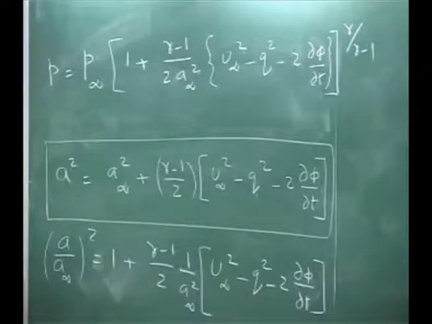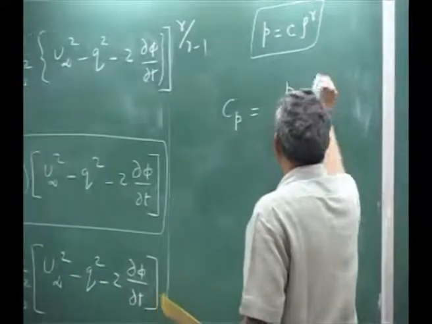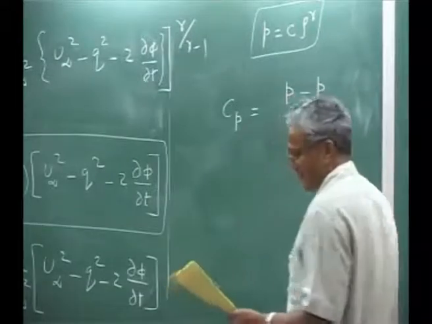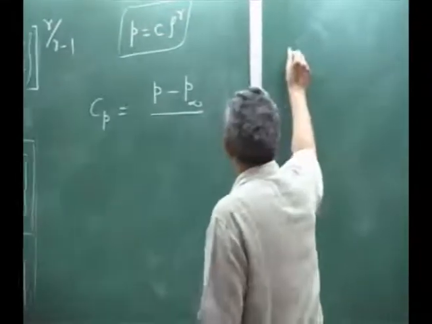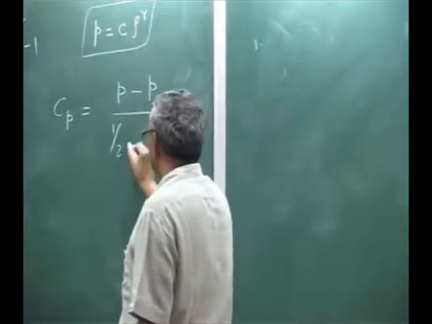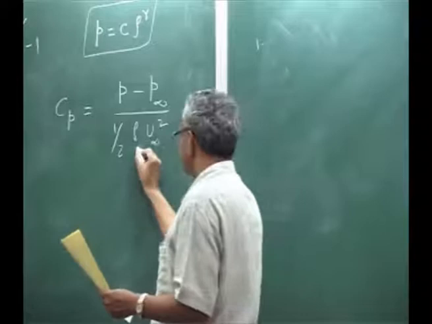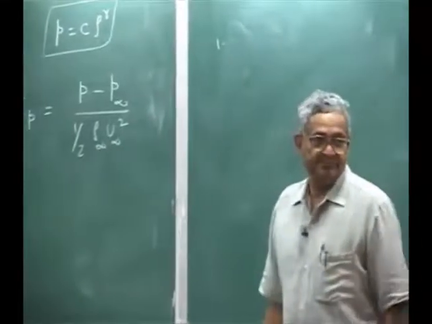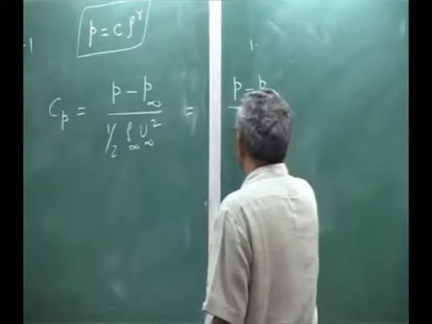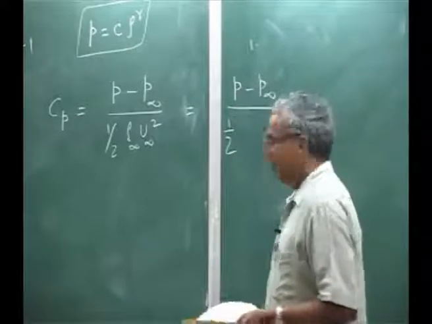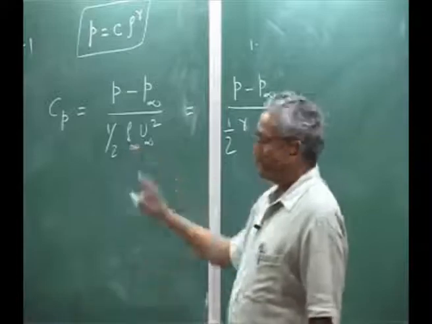Because pressure coefficient, you define Cp as p minus p infinity by half rho u infinity square, which you can write as half gamma rho infinity.